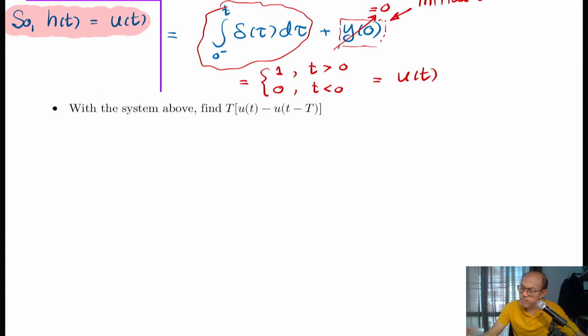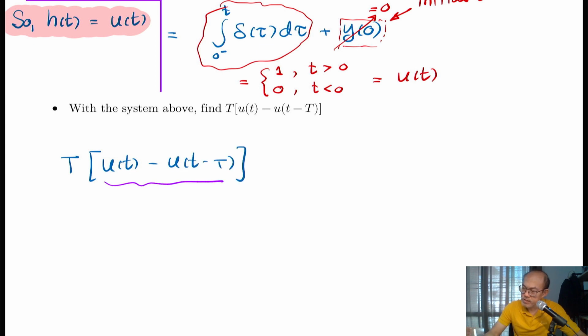Now let's look at another system. With the above system, we're going to find the output of that system when the input is u(t) minus u(t minus T).